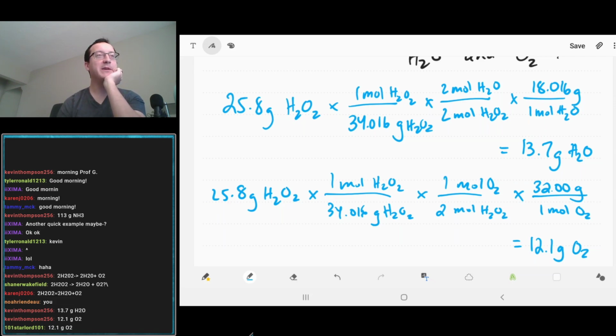How did I know it would be 12.1 grams? Anybody have any ideas? And again, I'm not some crazy math savant who can multiply and divide these numbers with all these decimals in my head. Definitely not the case. How did I know it would be 12.1?